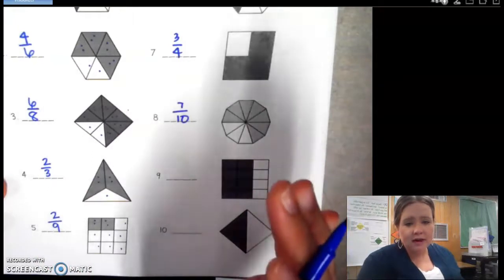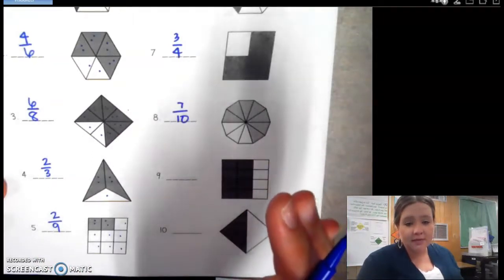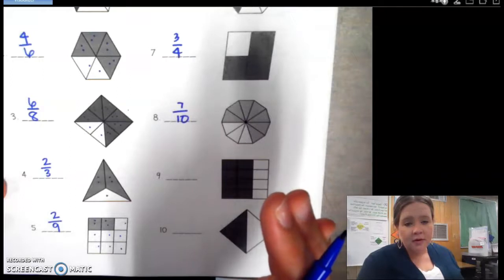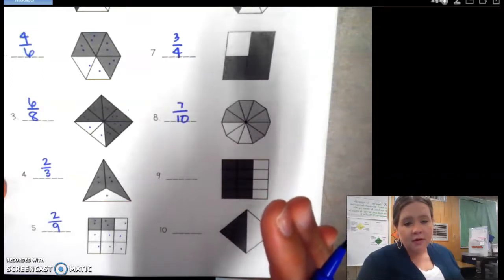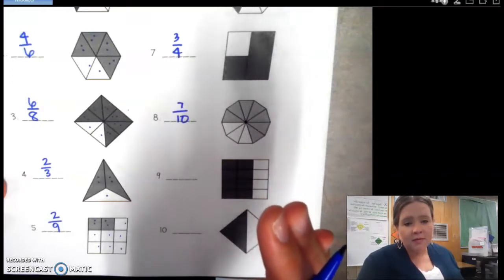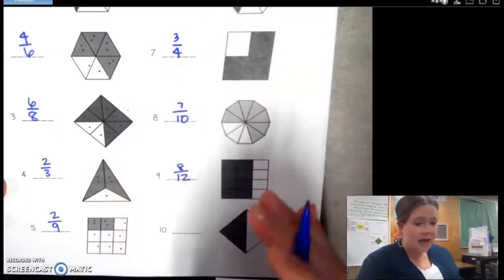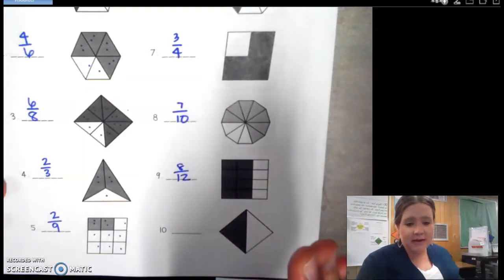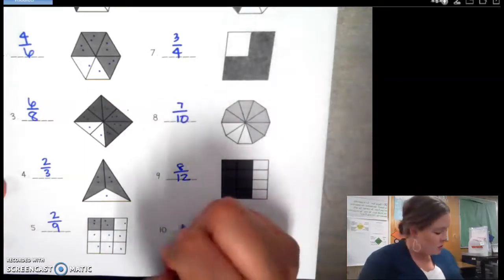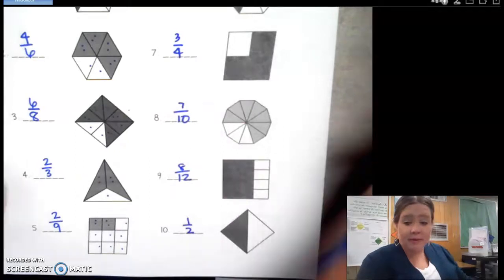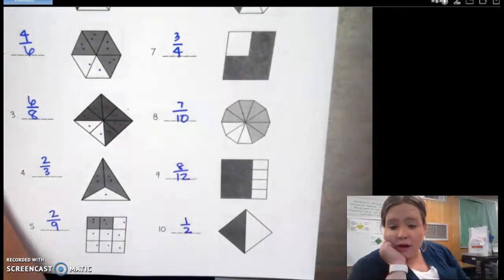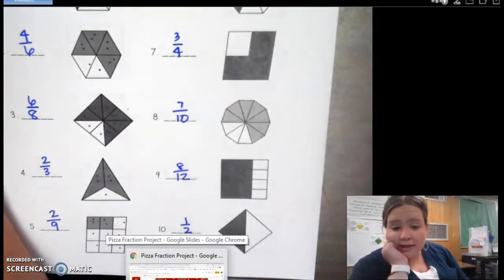Number 9, what fraction is being represented on number 9? Good, 8/12. And number 10, what fraction is being represented on number 10? 1/2. Awesome job.